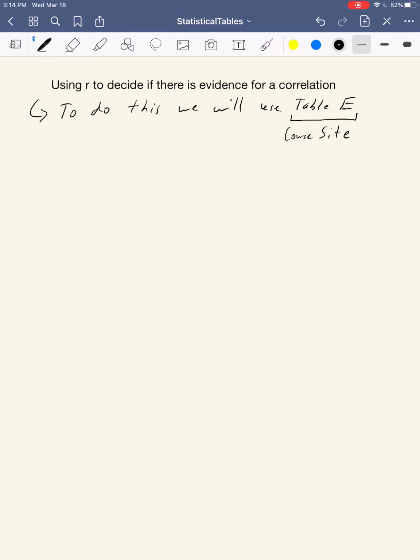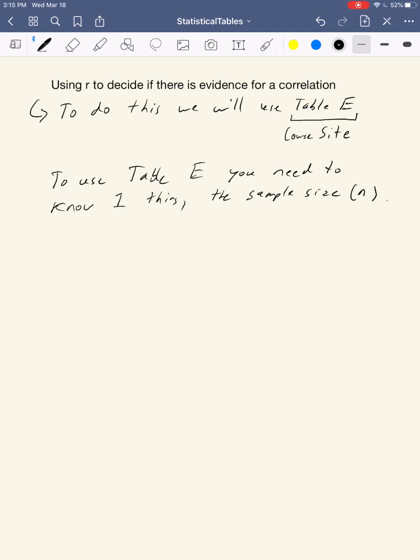So when you go on to table E, to use table E, you need to know one thing: the sample size. So table E is all based on knowing how big of a data set you have, the sample size n.